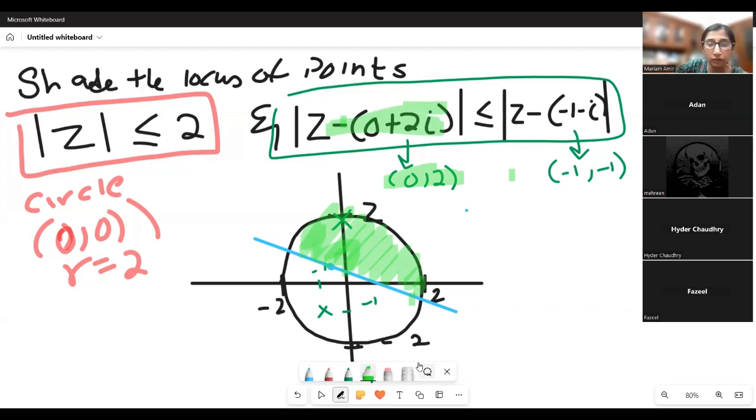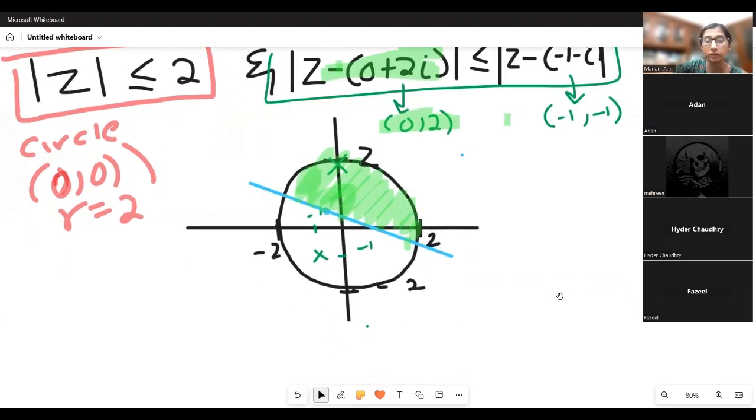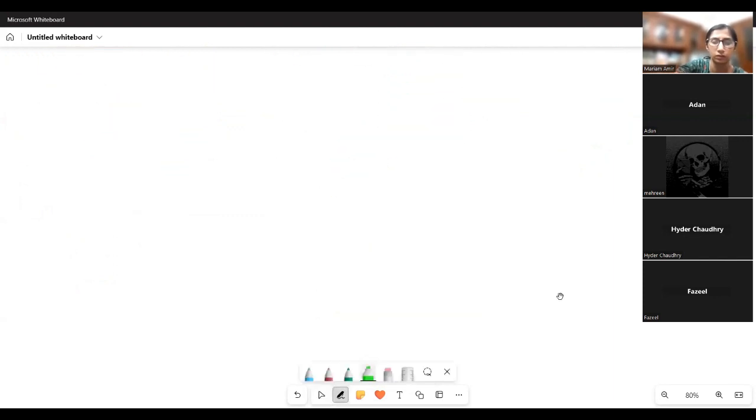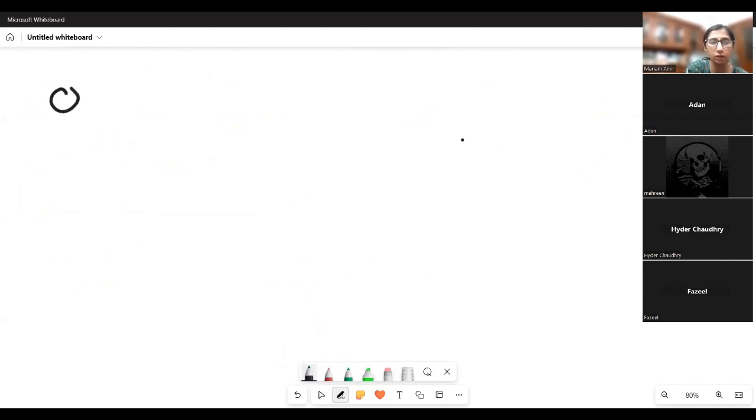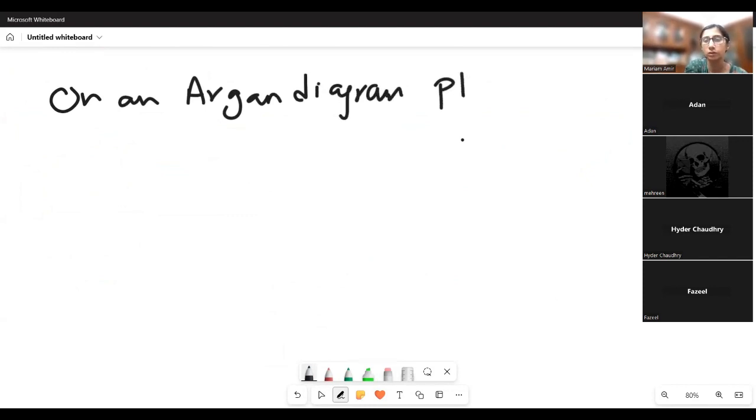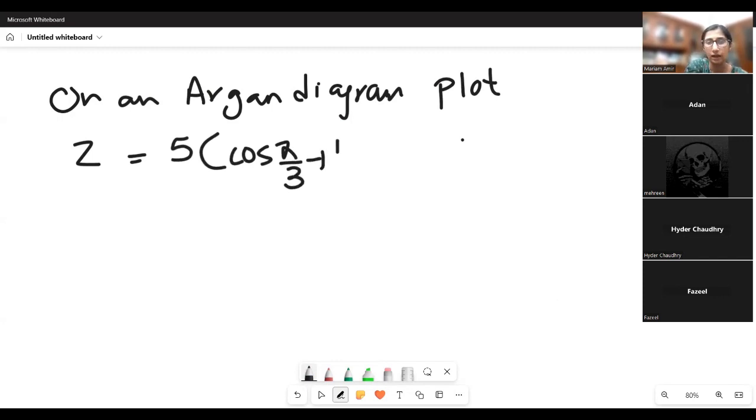You might be asked to draw locus of points on an Argand diagram. Plot or show z equals 5 cos pi by 3 plus iota sine pi by 3.